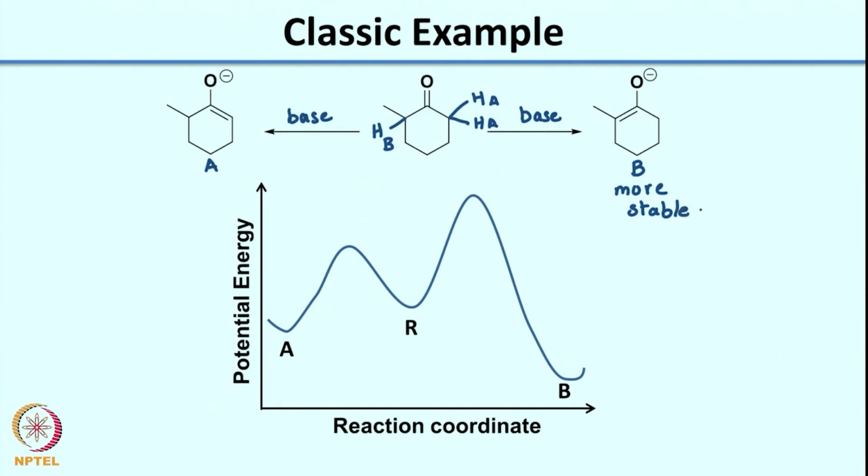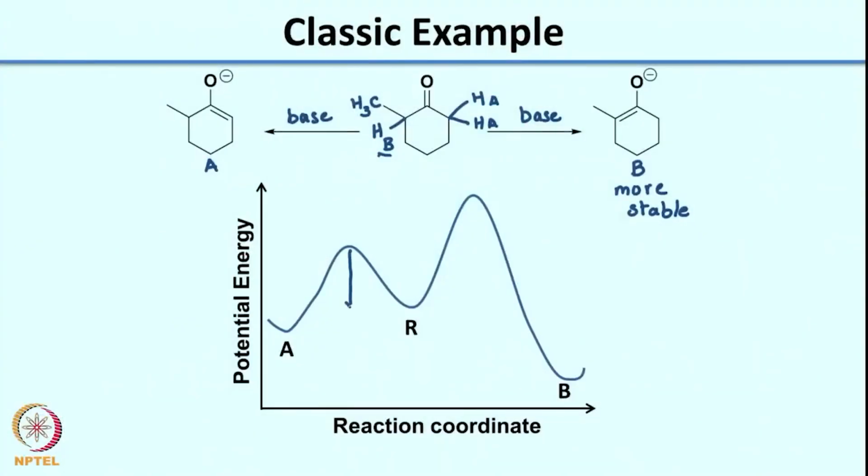But what you see is, in the case of A, you do not have any crowding near those two hydrogens. Here you have a methyl. So sterically it is more difficult to remove proton Hb as compared to the two protons Ha because of this methyl sitting right next to the hydrogen.